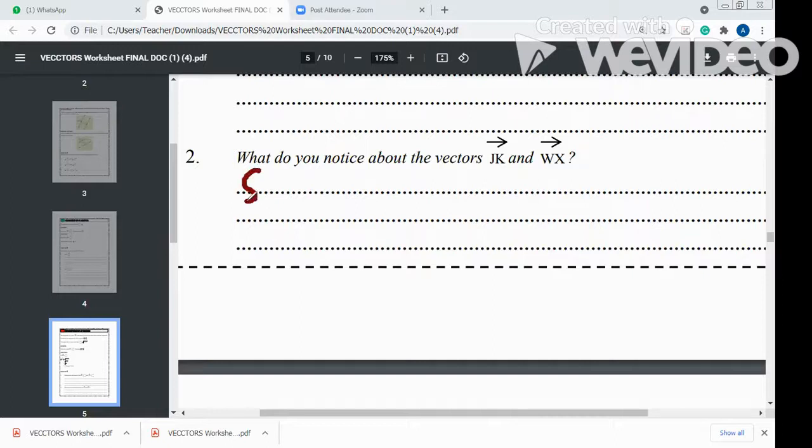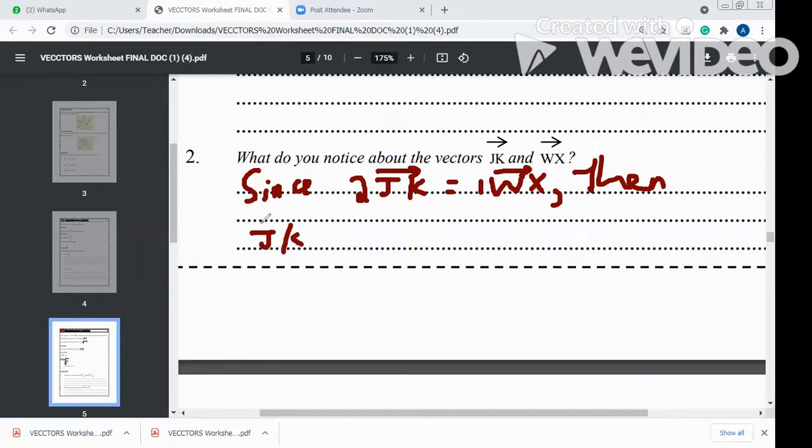So you could say since 2 JK is equal to 1 double X, then the vector JK and the vector double X are parallel.